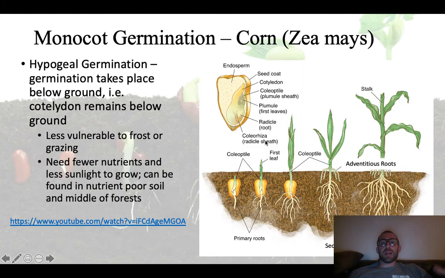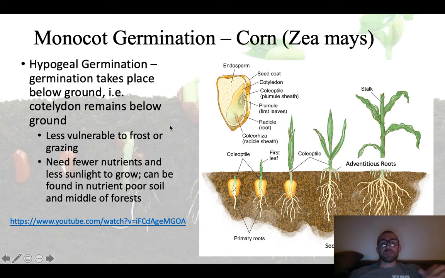And if we look at how germination works, again, this is hypogeal germination. And what this means is that those cotyledons, the scutellum and the coleoptile, are going to remain below ground. Now, there are a couple of advantages to this type of germination.